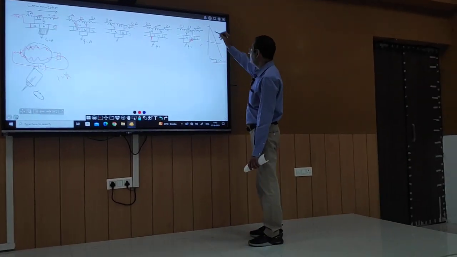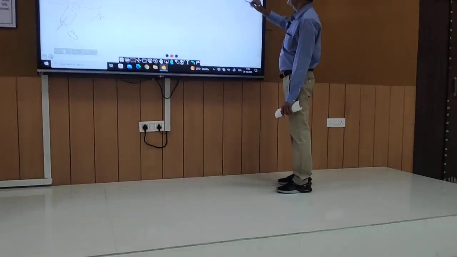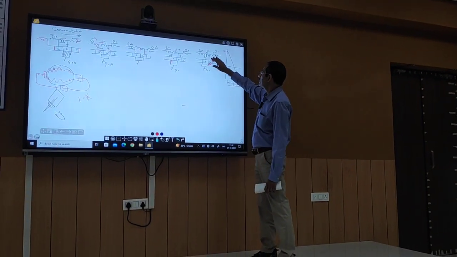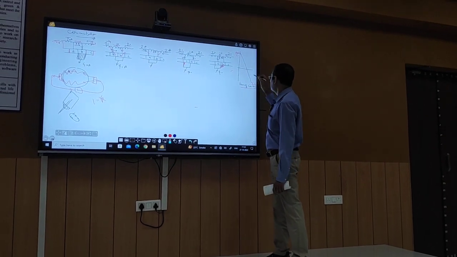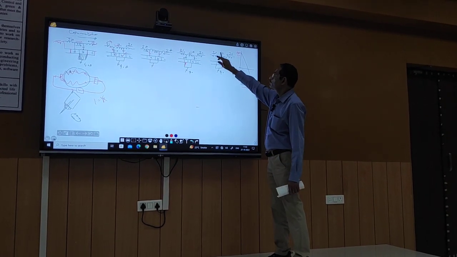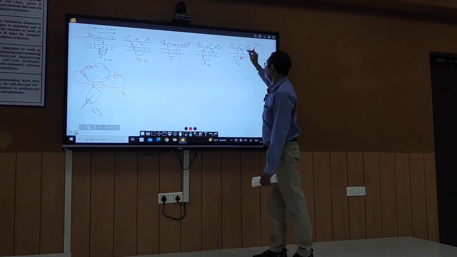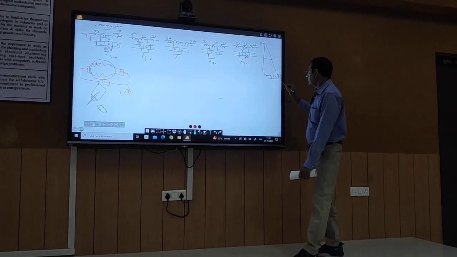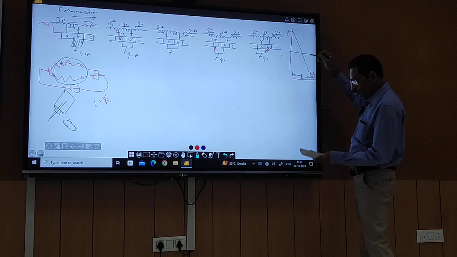In this commutation time, the current goes from plus 40 ampere to minus 40 ampere, meaning the current in this, which was earlier 20 ampere, sorry, the current in this which was earlier 20 ampere will become minus 20 ampere. Look, this 20 was earlier in this direction, this 20 should be in this direction, but in place of becoming 20, because of the inductance it will remain only up to 15. So anyway, this goes from plus 20 to minus 20.